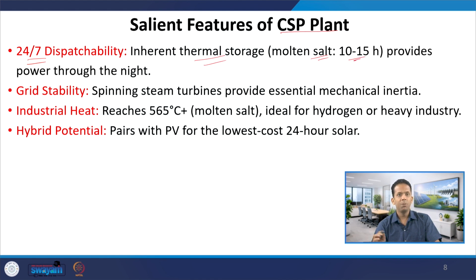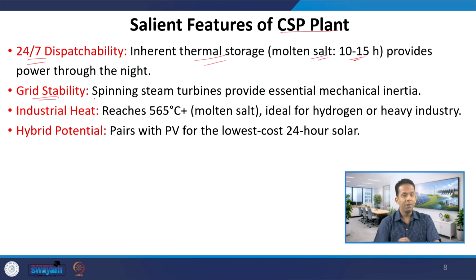So, it can provide power through the night. Unlike solar PV, which does not have inherent thermal storage, we have to rely on batteries to store solar PV power, but solar thermal has the inherent thermal storage.